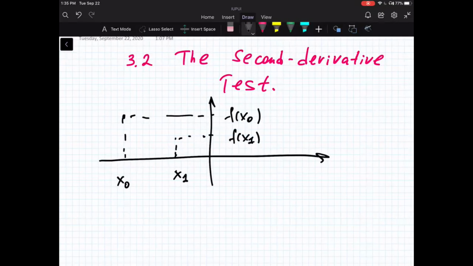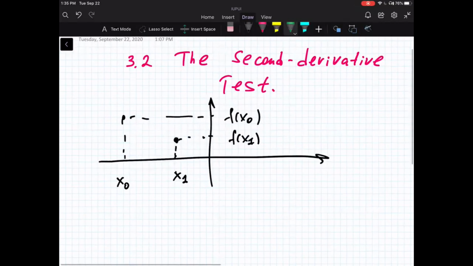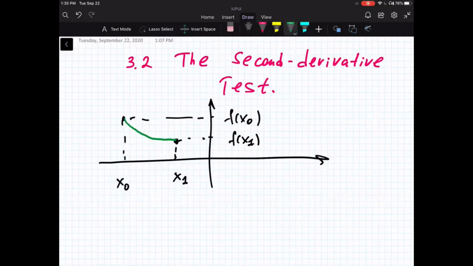Without information that your function is decreasing on the interval x0, x1, you cannot connect them in a simple way like that, because your function can behave very ridiculously like this and come to that point x1. But if you know that your function is decreasing on the interval x0, x1, you already can connect it like that, in that way.